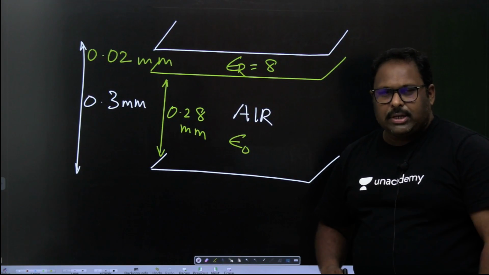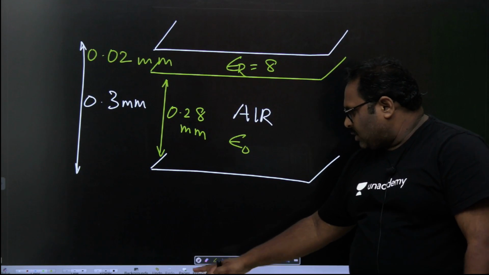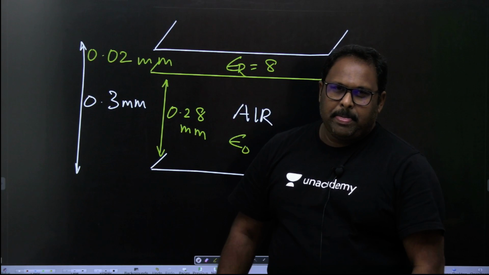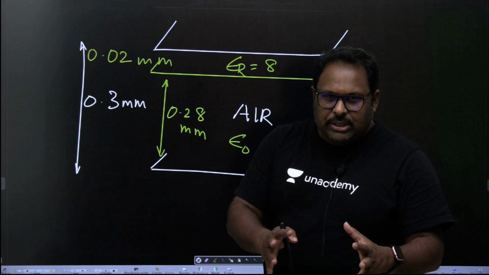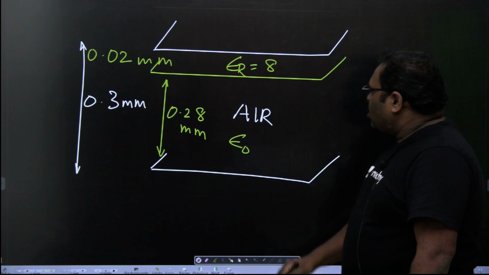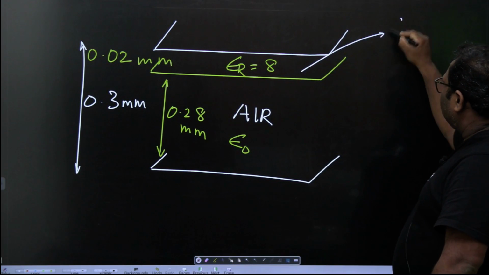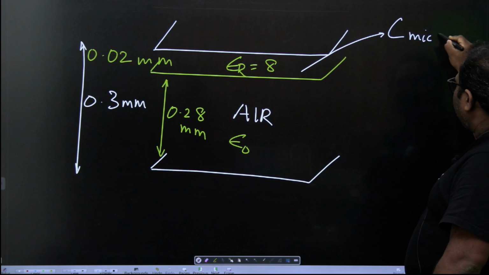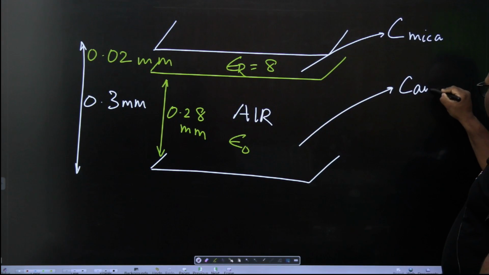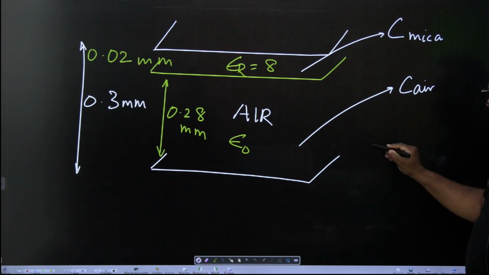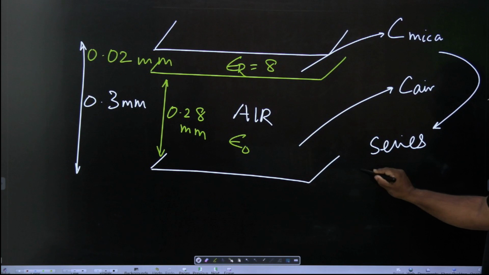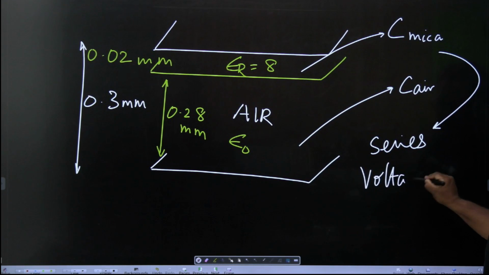You get the actual capacitance if you simply know the fact that there are two capacitors individually. Total capacitance या actual capacitance के लिए क्या करना है? Individually के capacitance calculate करना है. So individually the capacitance of the mica, C mica, and the capacitance of the air, and they're coming in series. ये दोनों ही series में आते हैं क्योंकि voltage divides.